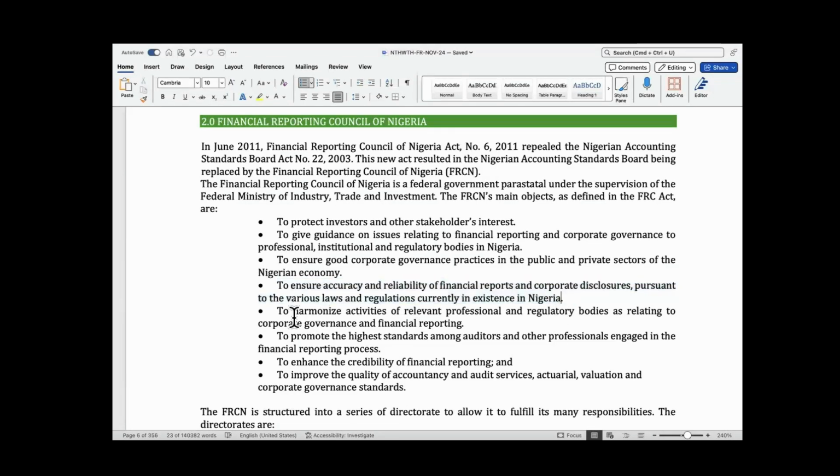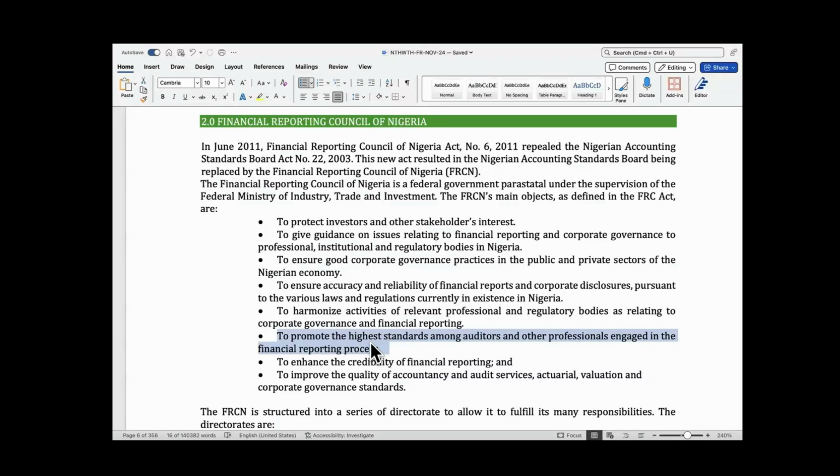Now, there are some other objectives, right? So if I want to leave this one because it doesn't follow, the next one after this is this. They would ensure that auditors and professionals are of high standard. And the way they do this is that when you qualify, when you become ACA, you are expected to have an FRCN number.